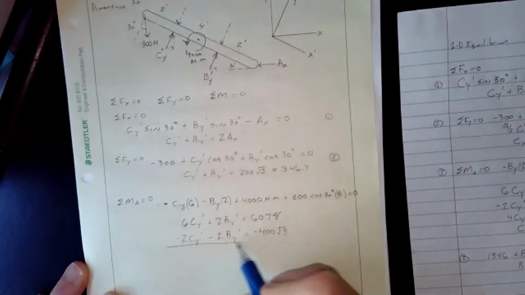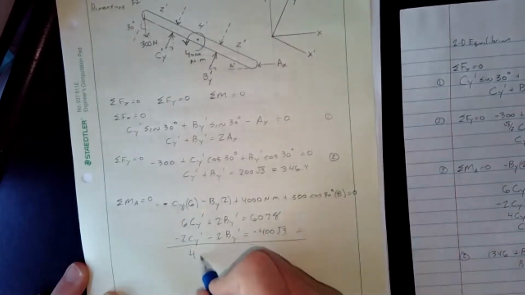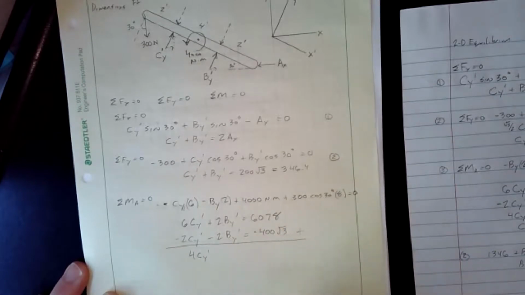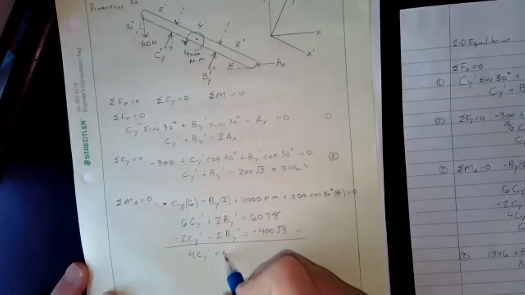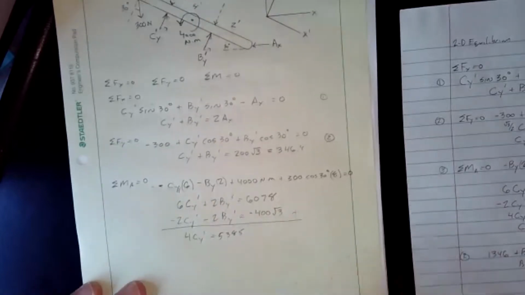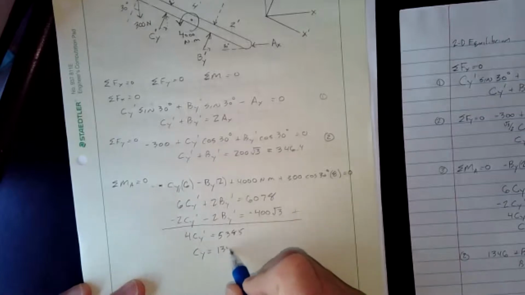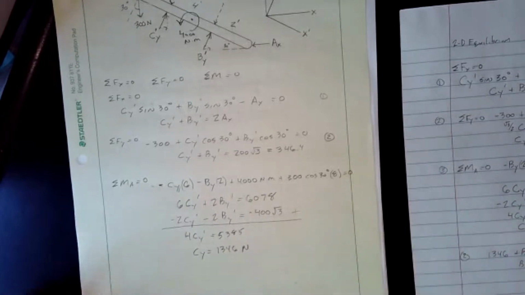So we'll go ahead and add those together, and we get 4 Cy prime equals 5,385. So solve for that, I get Cy equals 1346 newtons.